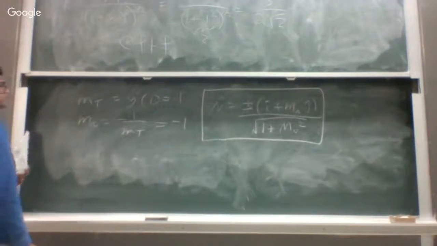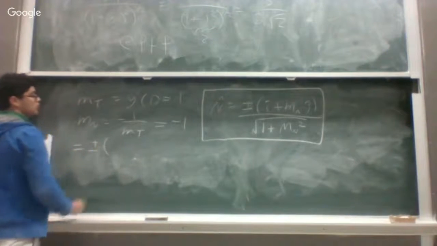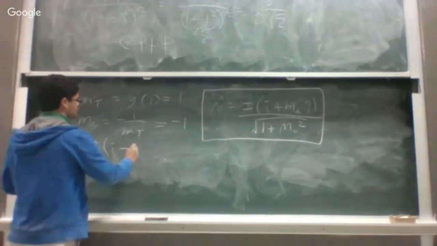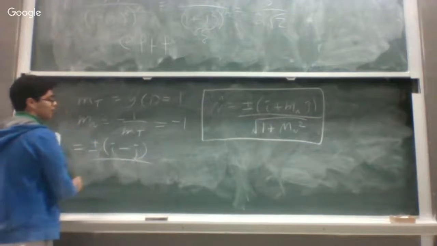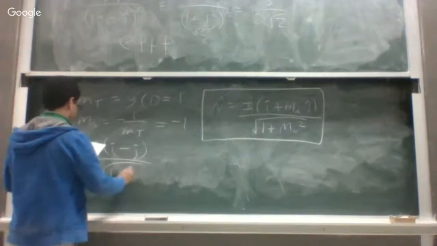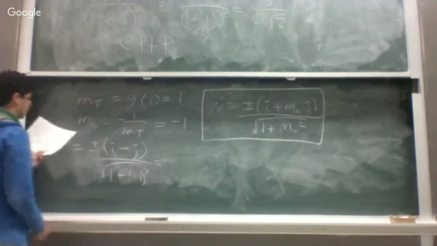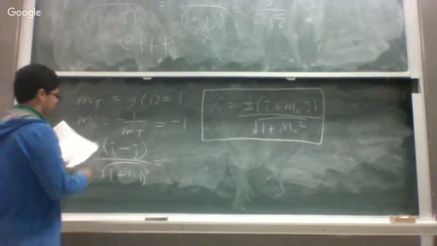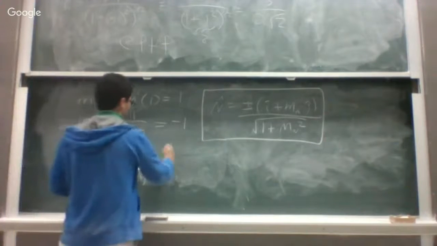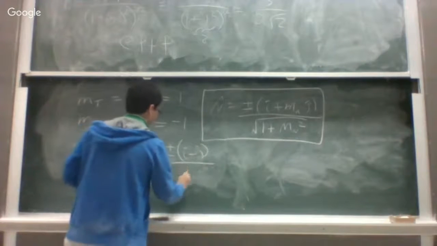So in this case, we have plus or minus i minus j divided by the square root of 1 plus -1 squared. So it's plus or minus (i minus j) divided by square root of 2.